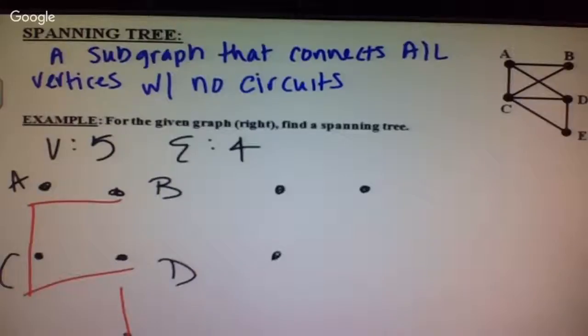I'm going to draw you another ugly looking one too. Ready? A, B, C, D, E. Give me another way to do this. Can you go B to C?